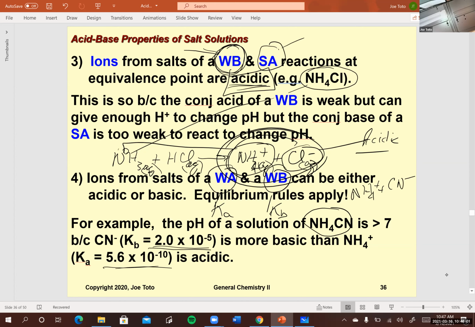I see this is bigger, so the resulting solution is going to be basic. In this case, it is. Okay. Any questions on that?